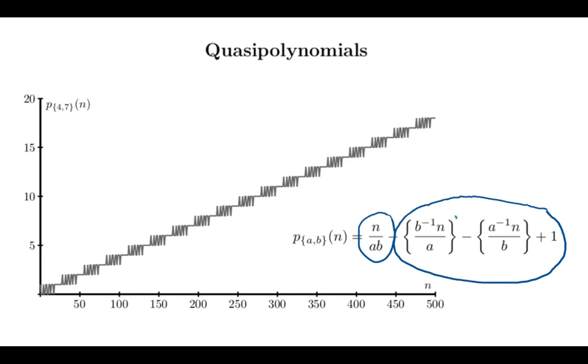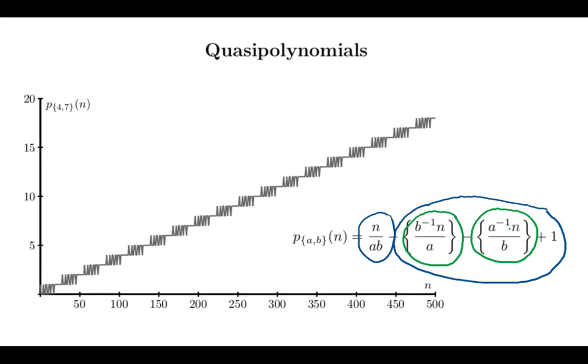So you can think about this for a moment, but the fact that we have a denominator a over here means that this first term is a periodic function in n with period a, and the second term has period b. And that's why in this graph you look at something that looks almost like a line, but it gets distorted a little bit by these periodic functions.